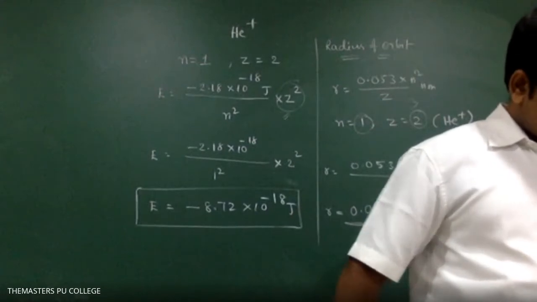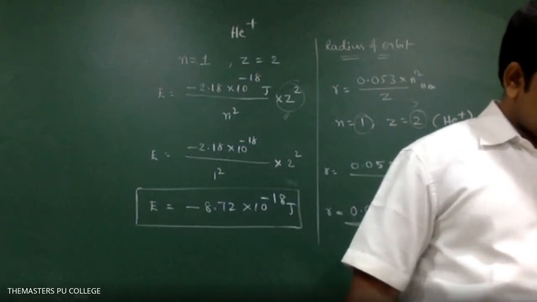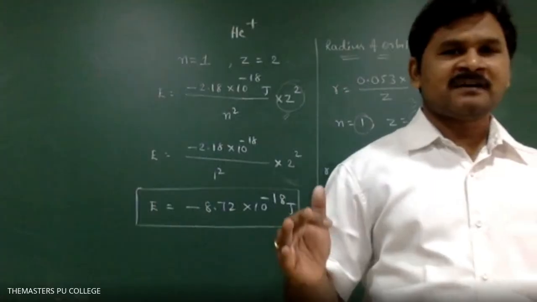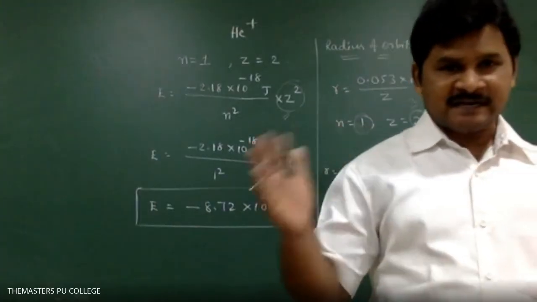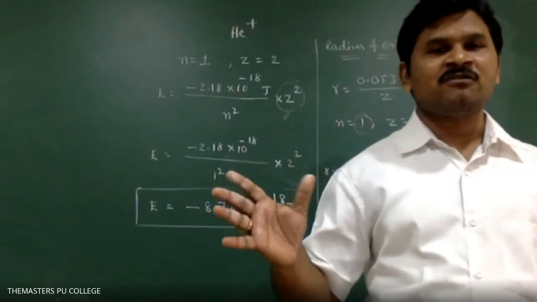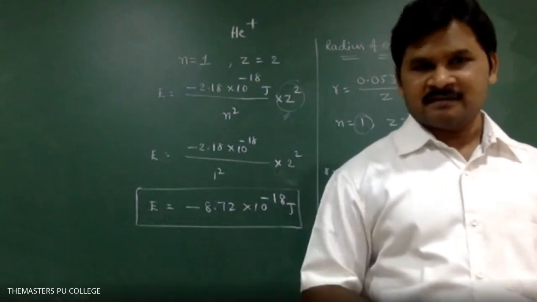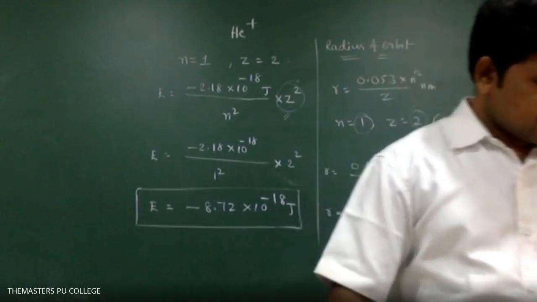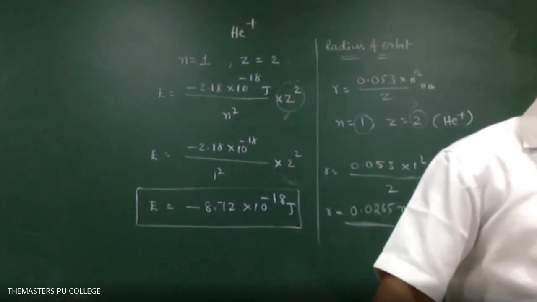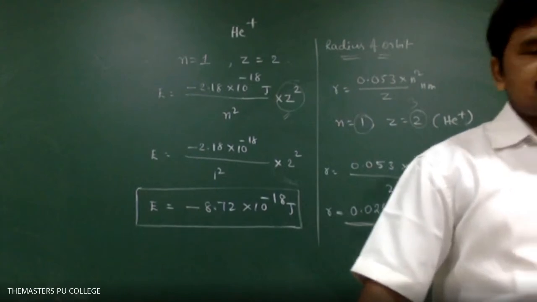You are making mistakes in the exponent. Minus 20, sir. I subtracted, sir. I should add. No, see, you are moving left to right, which means we have to decrease. Minus 18 to minus 20 is a smaller number. So minus 8.72 into 10 power minus 20.